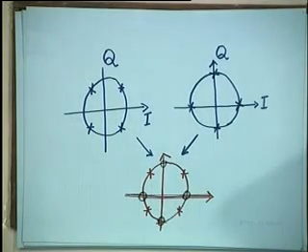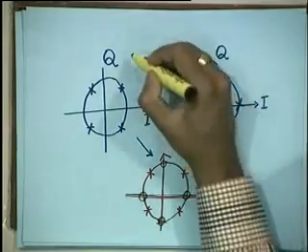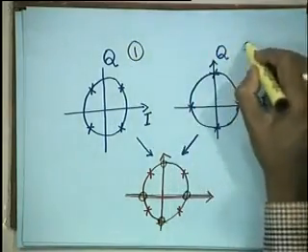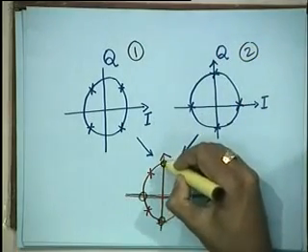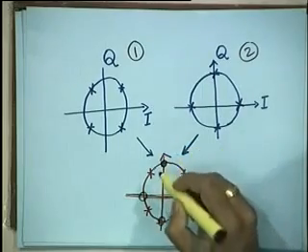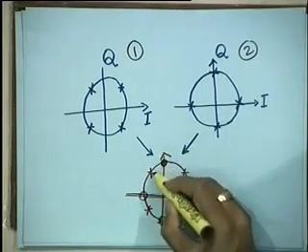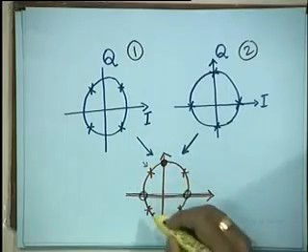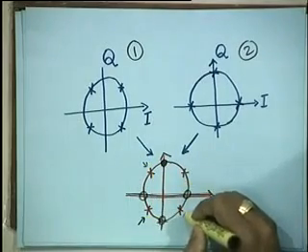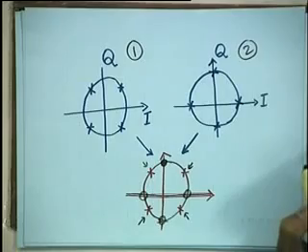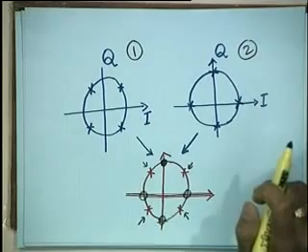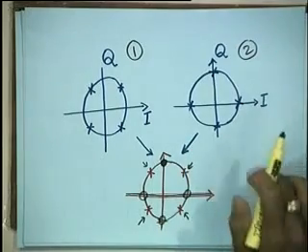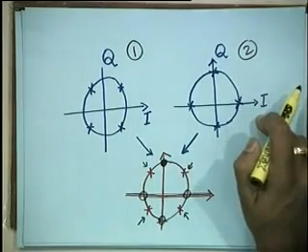Please note that if you have the possibility of switching between case 1 and case 2, then regardless of where you are, you can go from here to either this one, or this one, or this one, because once you have sent this one using constellation 1, in the next symbol interval you can only use constellation number 2.